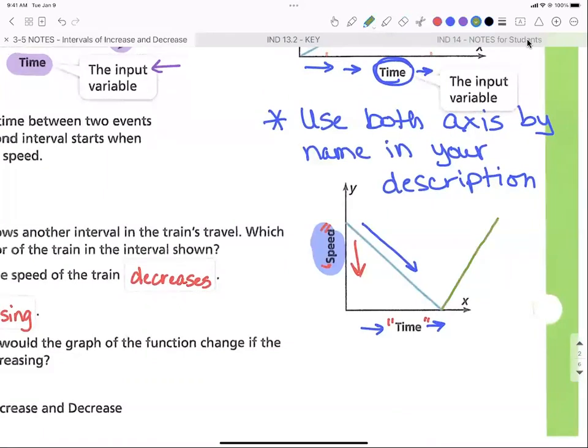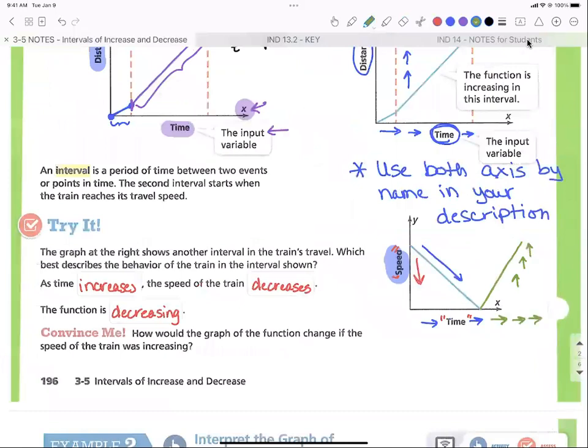The green section that I just added would be an example of showing the train increasing in speed. Okay, because, right, I went up as time goes on, because my time keeps going, right? As time keeps going, I now have my speed increasing. Okay. All right, are we good with that? All you got to do is know the difference between increasing and decreasing.